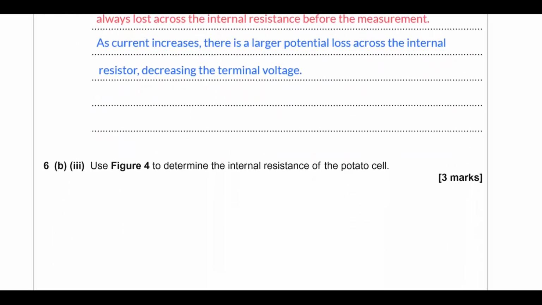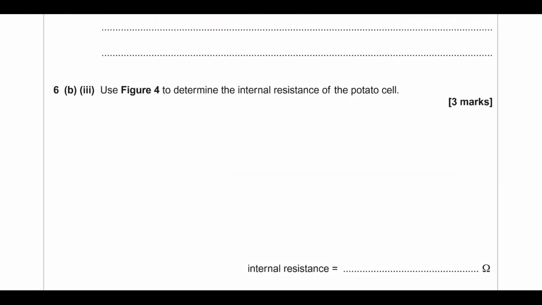Alrighty, so using the graph to determine the internal resistance, we're going to essentially need to determine the gradient. I can't show you doing this because I can't flip backwards and forwards between the slides, unfortunately.